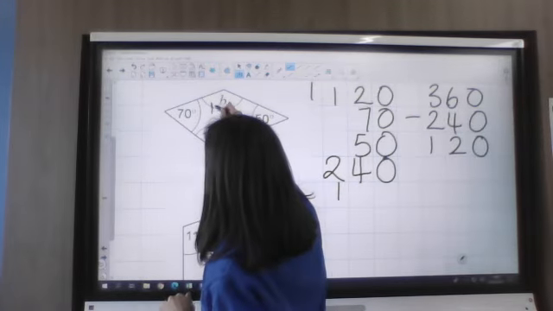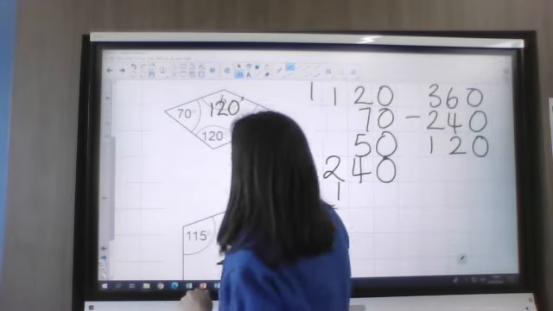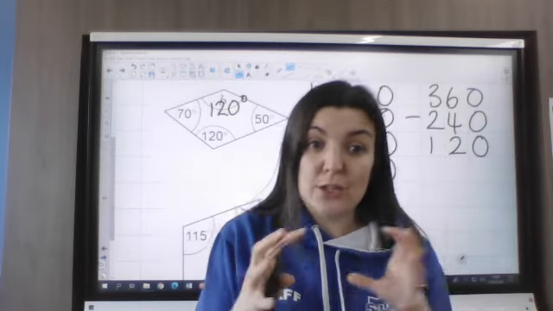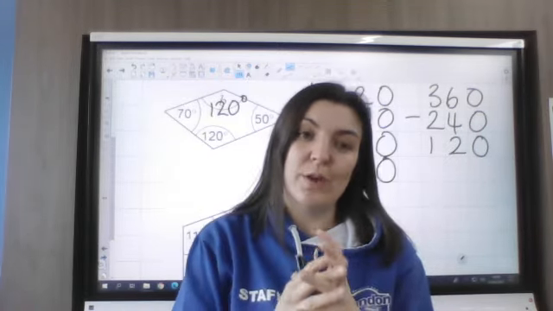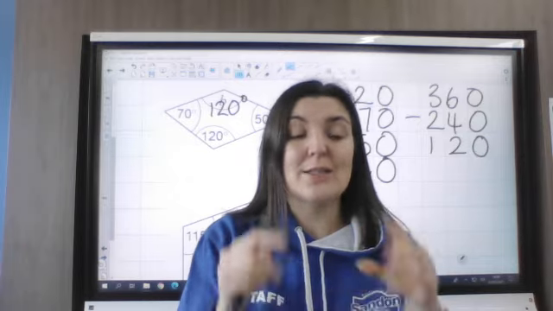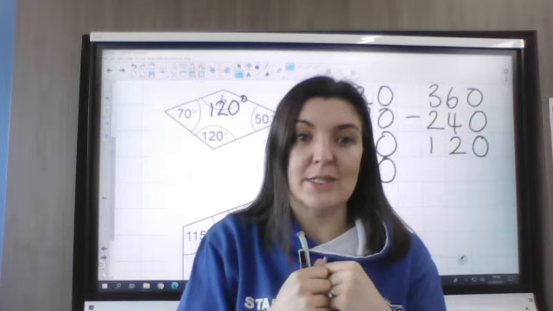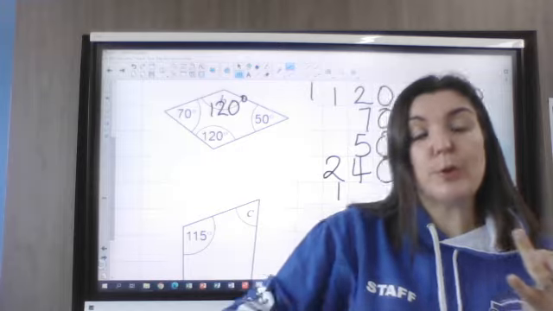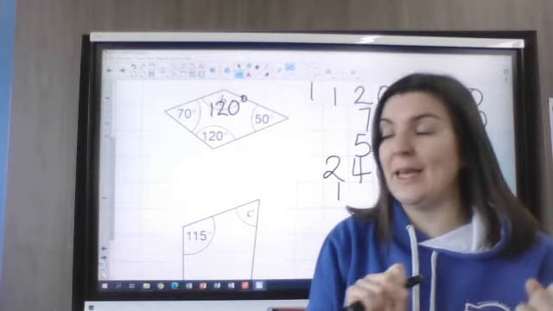So my missing angle would be 120. Okay, so if you are asked a question about quadrilaterals, they all add up to 360 as well. So you would add the numbers that you've got and take away your answer from 360. Okay, so quadrilaterals and angles round a point all add up to 360.